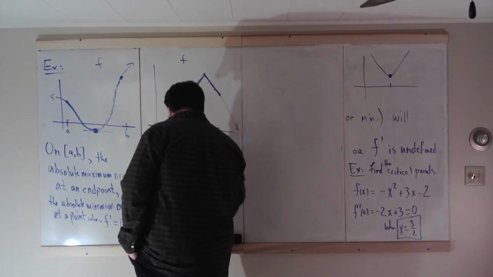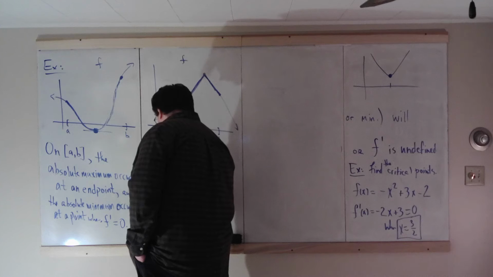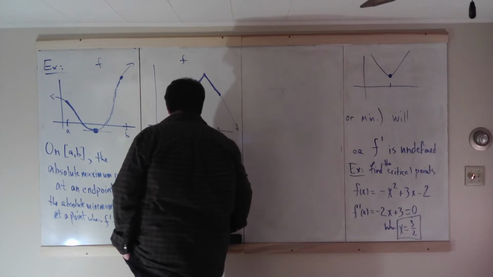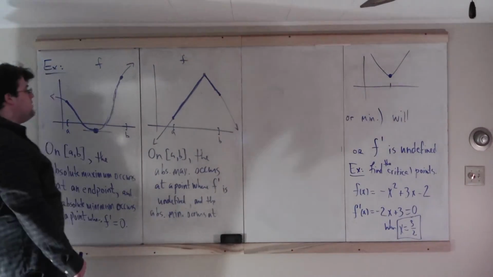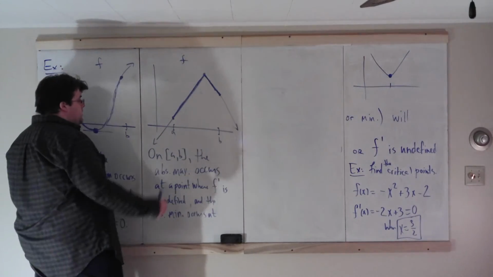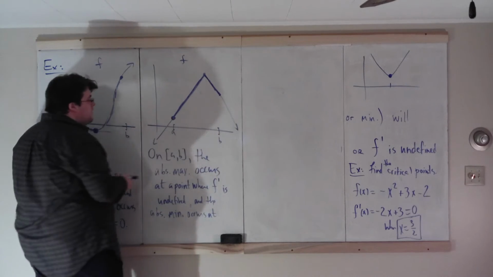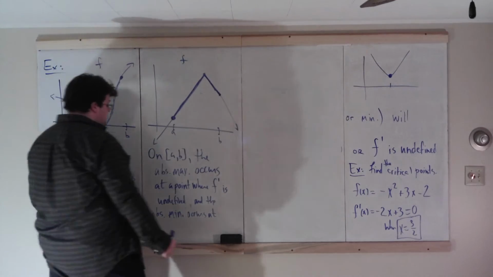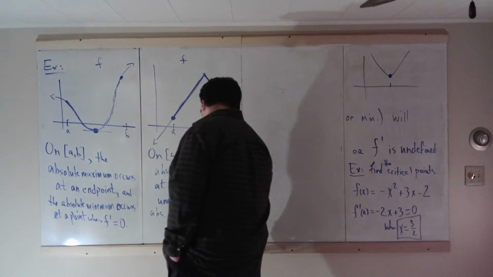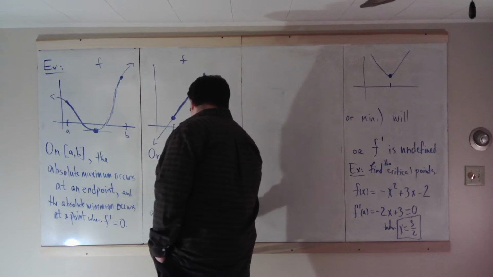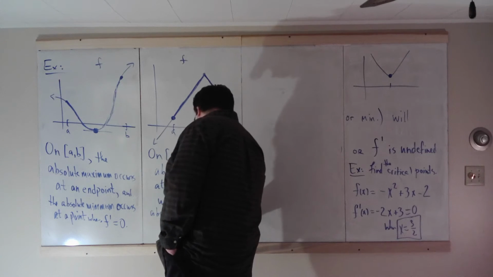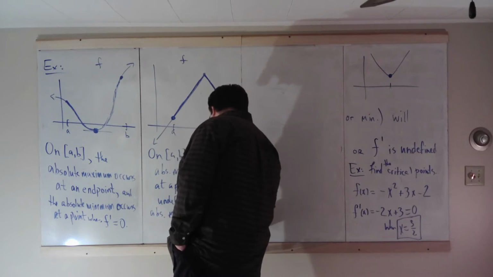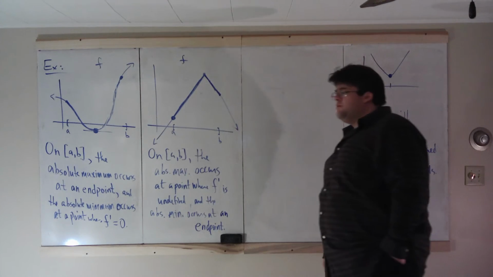And the absolute minimum occurs at, well, where's the smallest? We're only looking at A to B again, remember. The smallest y value is here, occurring at x equals a. So in more generality, the absolute minimum occurs at an endpoint. Well, those are some useful observations.